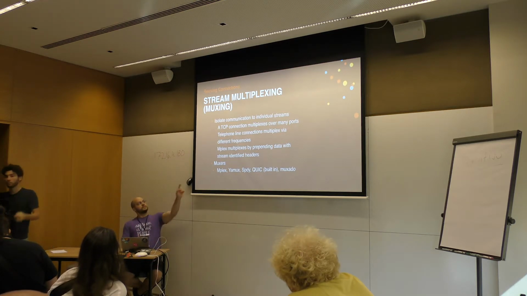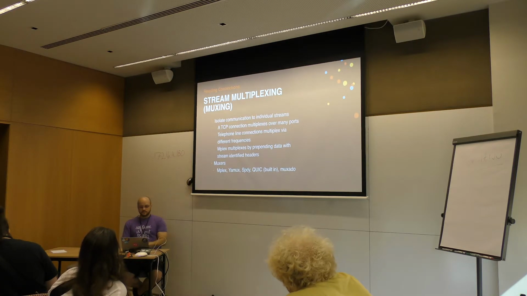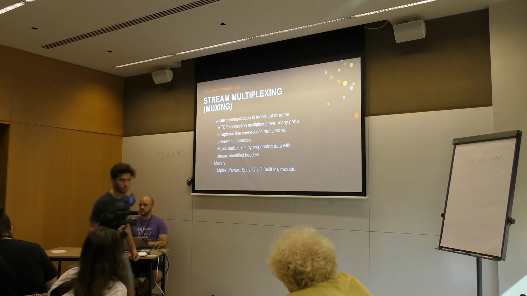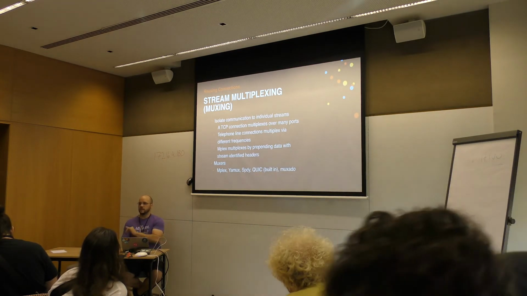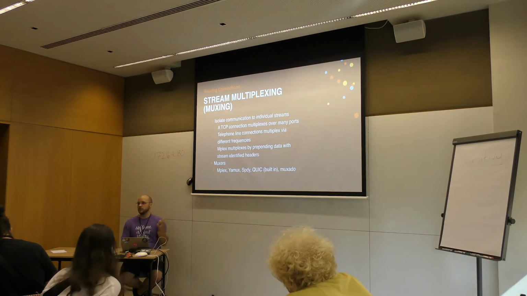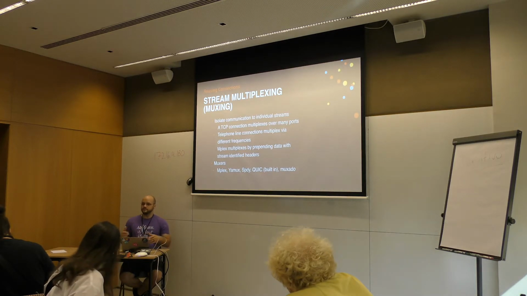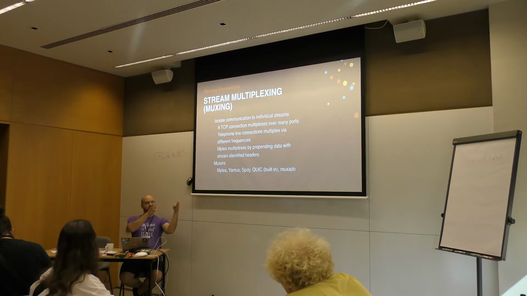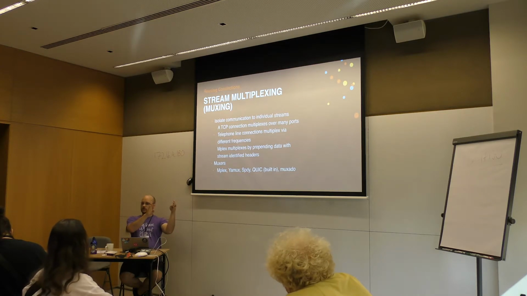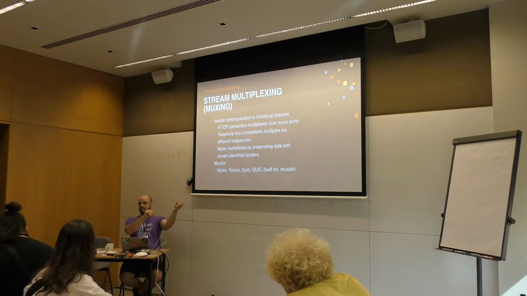For example, multiplex, or mplex, does this by prepending data in the stream with a stream-identifying header, as well as the length of the content that you want to send. So when we send a chat over the wire, we say that chat message is 100 bytes. At the very beginning, we say, okay, let's create a new stream. We'll call the ID of that stream 5.